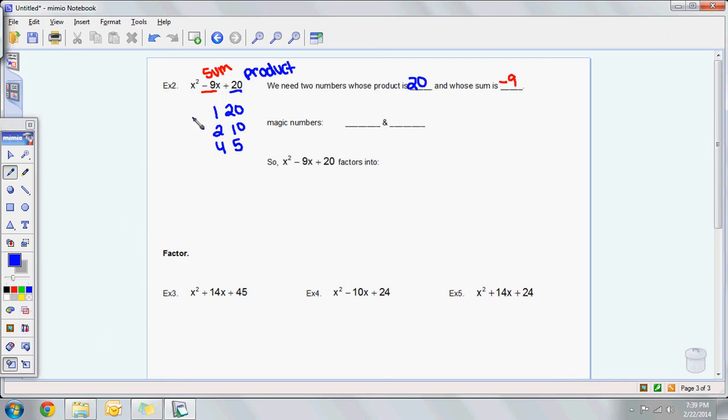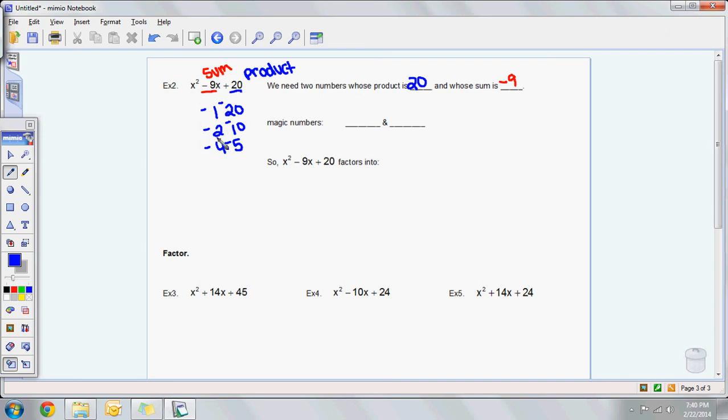So if you remember back to your rules on the second page, if it needs to be the product of a positive number and the sum of a negative, that means both of your numbers are going to be negative. So I'm going to make all of these negative. Because a negative times a negative is a positive, and a negative plus a negative is a negative.